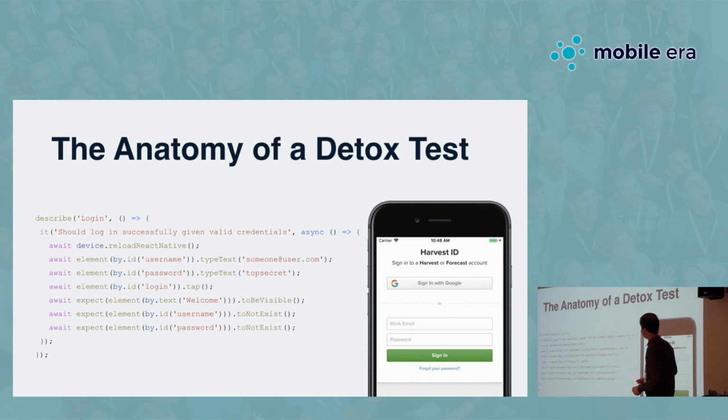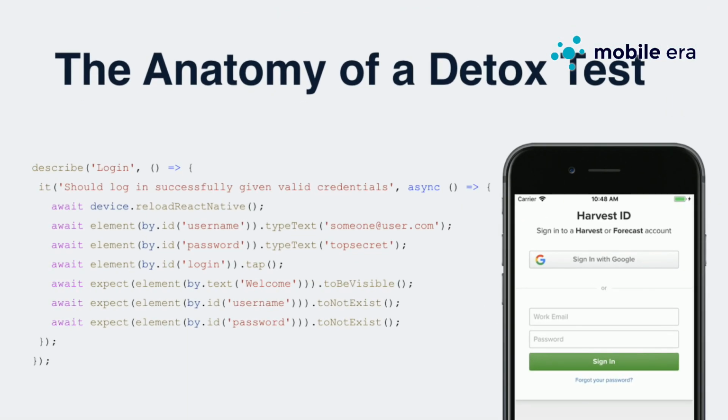So what does this exactly look like? This is a Jest test, but testing through Detox. So you have your typical Jest test, you have some sort of component that you're describing, and then you're testing for some specific type of behavior. In this case, the login screen should let you log in with valid credentials.